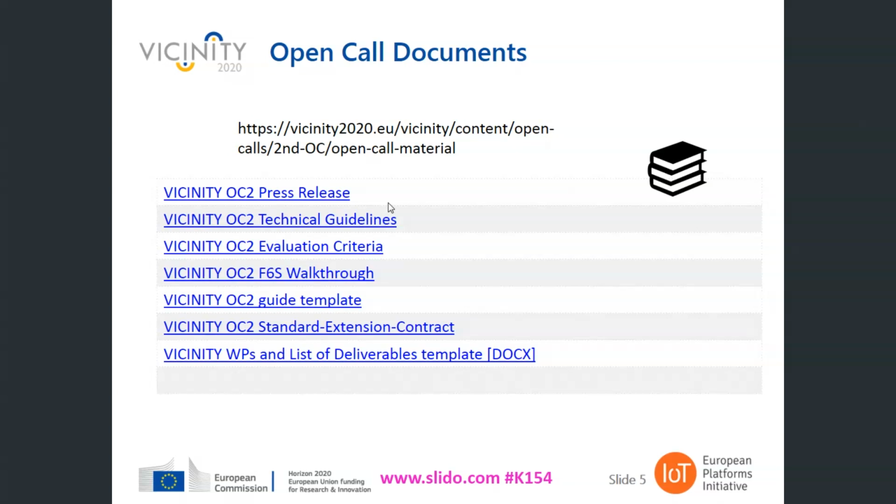Then you will see the guide template, with information about how to apply and the evaluation process. The following document is the standard extension of the contract, the contractual document you will sign with the consortium if you win the open call. Take a look only to have an idea about what you are going to sign with us, but it's not relevant for the contest. And the last one is a template you are going to use in the F6S tool.